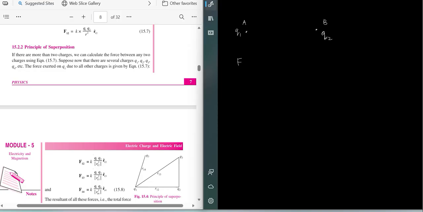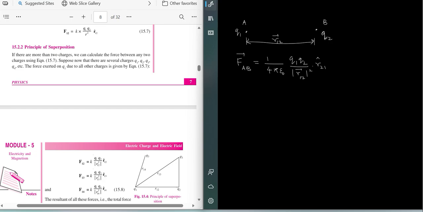So the force on A due to B, or on B due to A, is 1 by 4 pi epsilon 0 q1 q2 upon, if they are separated by distance, to distinguish from other charges let us say r12, it's a vector, its magnitude square, multiplied by r21 unit vector. This is the force.